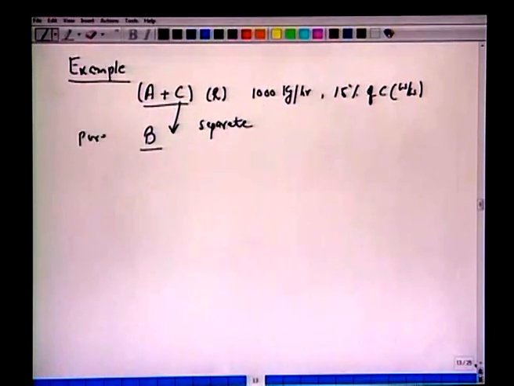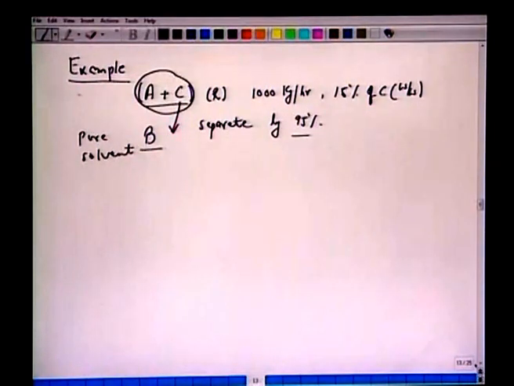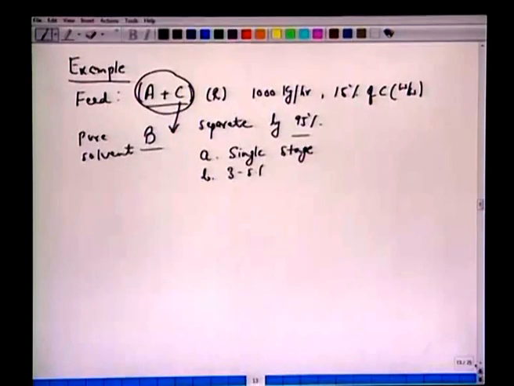So, B is a pure solvent, and we have to separate C by 95%, which means we remove C in this mix feed A plus C, if we call it the feed R phase, by 95% using this solvent B. And there are two cases here. A, we have a single stage, and B, we have 3 stages.